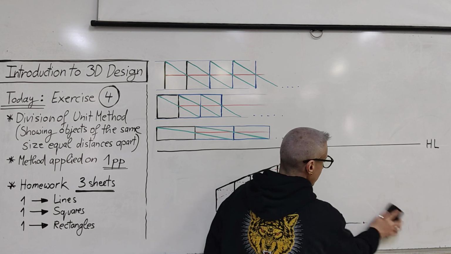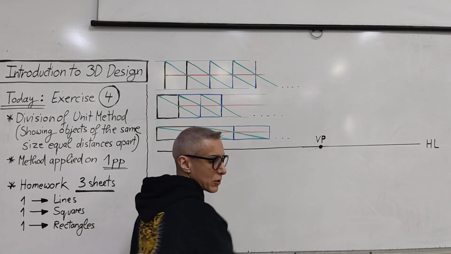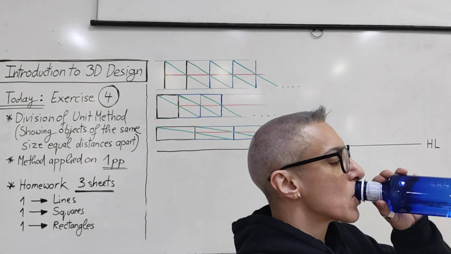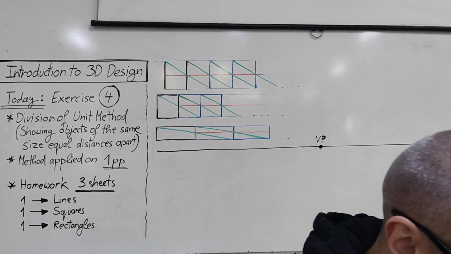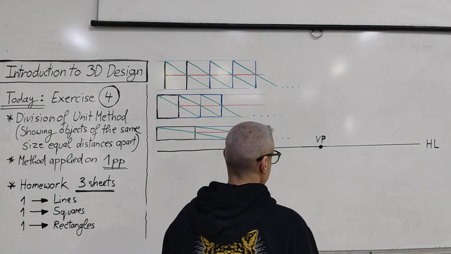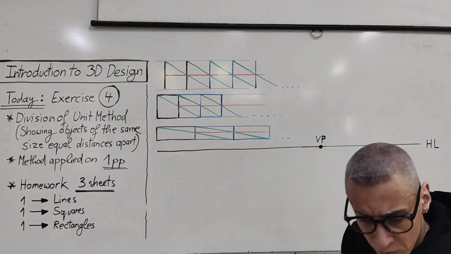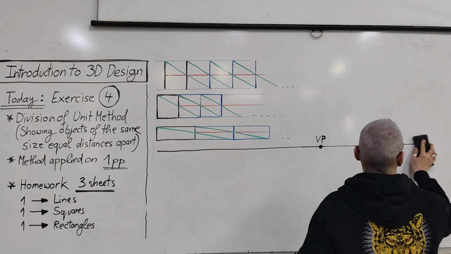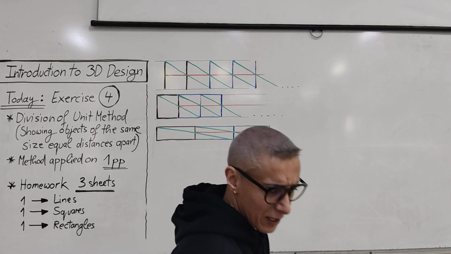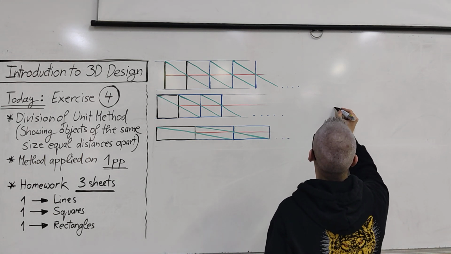Now let's apply it to some very, very simple object that we will draw. What can we draw now? Okay, let me delete this line, put it a little bit more up. I'll put the vanishing point here, just to have more space.